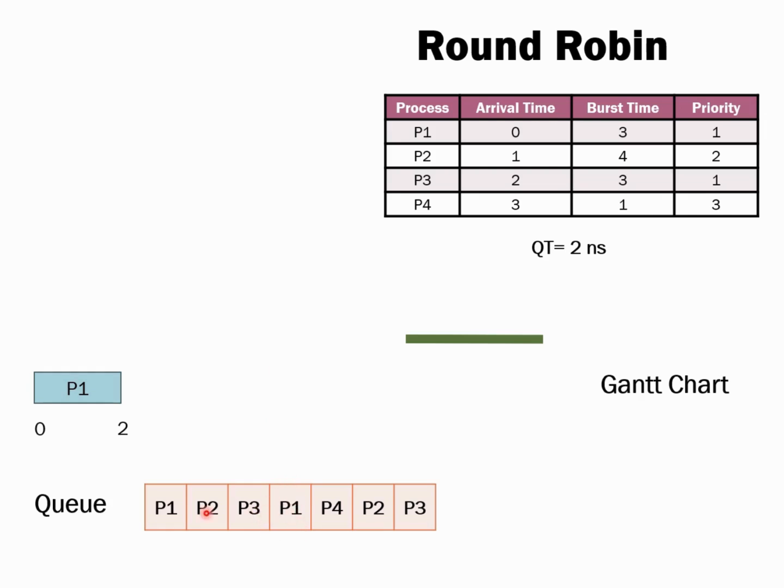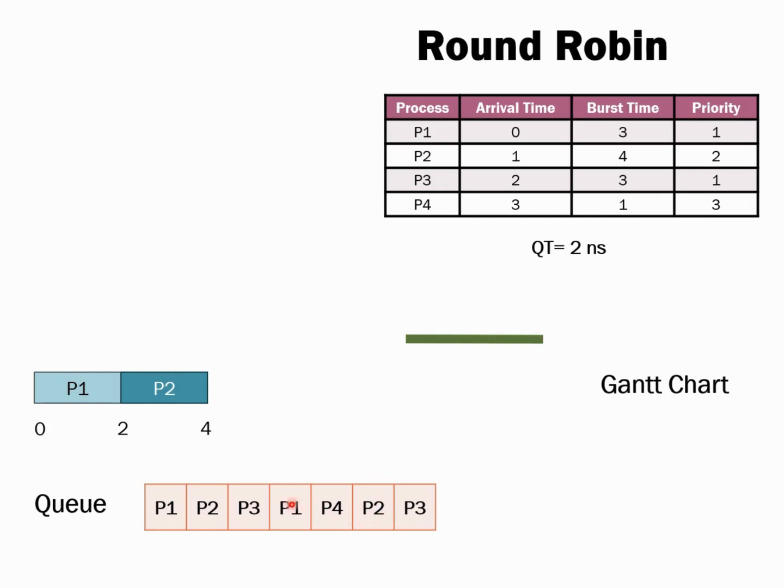After P1, as you can see in the queue, we give the 2 nanosecond quantum time to P2. Between 2 to 4, another process arrives at time 3: P4 is added to the queue, and P2, after getting its 2 nanoseconds, is added to the end of the queue.